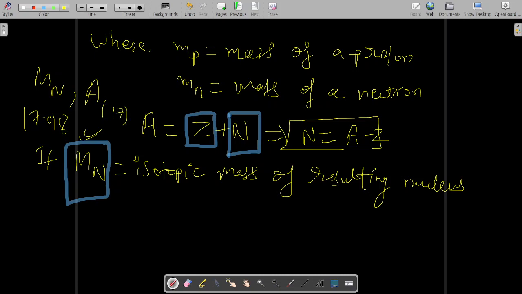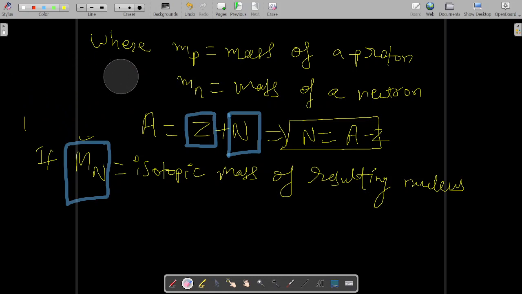Suppose 16.0182 is the Mn value, then the A value will be 16. So such is the relation between them. Isotopic mass usually has the same integer part as the atomic mass number A.